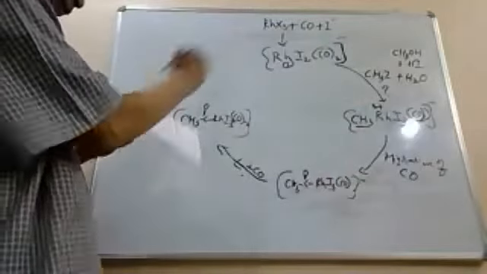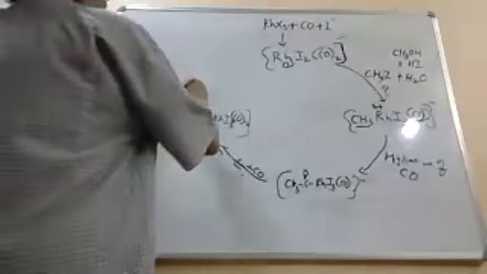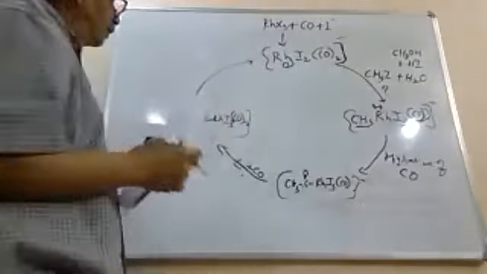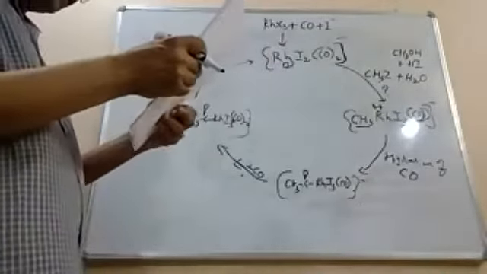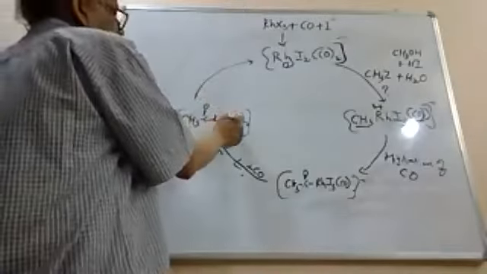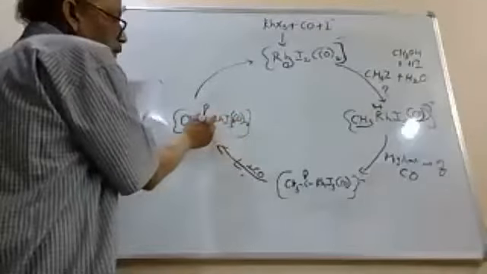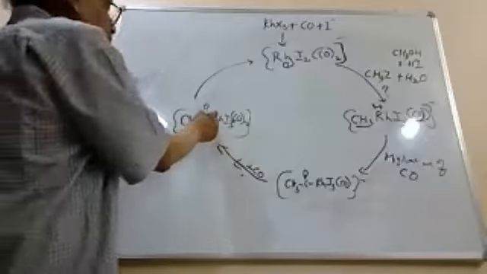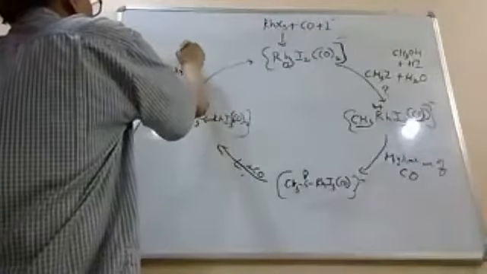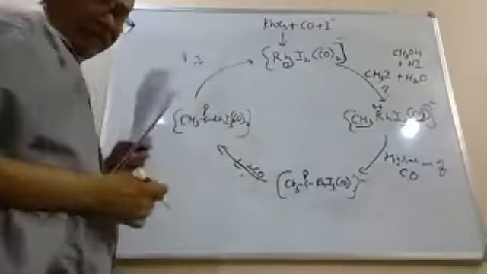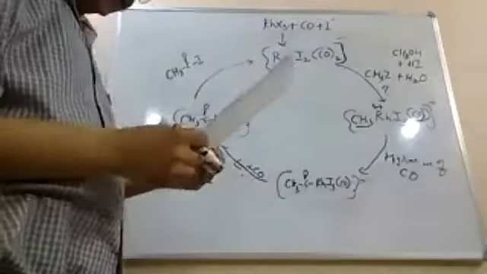So moving on, we get this. Here is the beautiful part of the mechanism. Now that you have this, one of the iodo groups here gets migrated here and gets eliminated to form what we call CH3COI. All right.